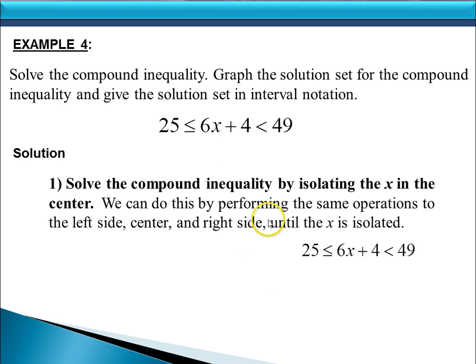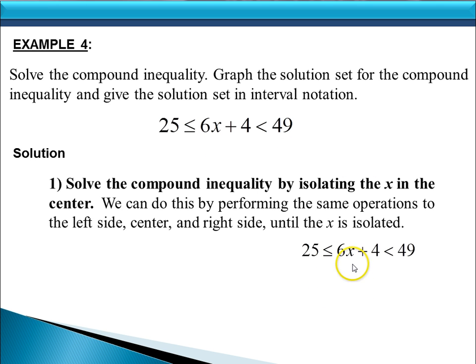The way we do that is very similar to how we isolate an x in an equation or a regular inequality. Except instead of doing the same thing to both sides, here we actually have three sides to consider. We have the left side, the center, and the right side.